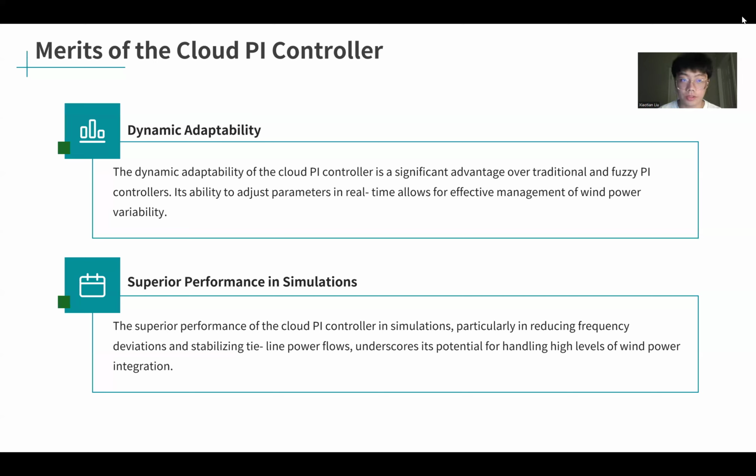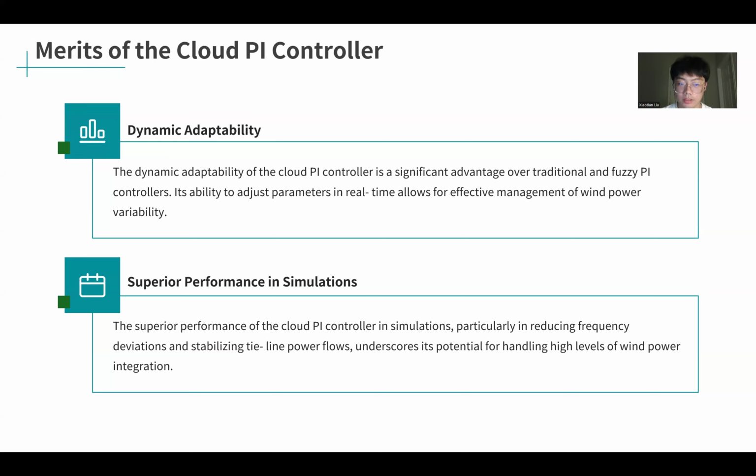The merits of the cloud PI controller are about dynamic adaptability. The dynamic adaptability of the cloud PI controller is a significant advantage over traditional and fuzzy PI controllers. As seen in the simulation part, its ability to adjust parameters in real time allows for effective management of wind power variability.